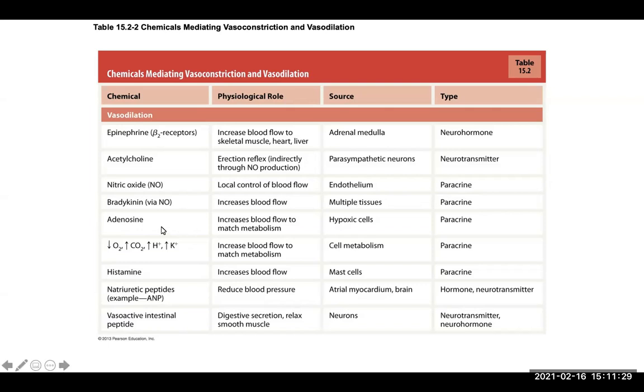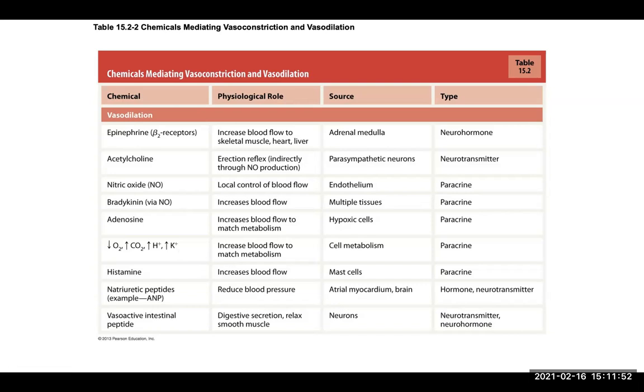Next one is adenosine. Adenosine is a paracrine signal. This paracrine signal is going to be released by hypoxic cells. The hypoxic cells are going to increase flow, and then they're going to match the metabolism rate. Next one is going to be gases. So oxygen, carbon dioxide, hydrogen ions, and potassium.